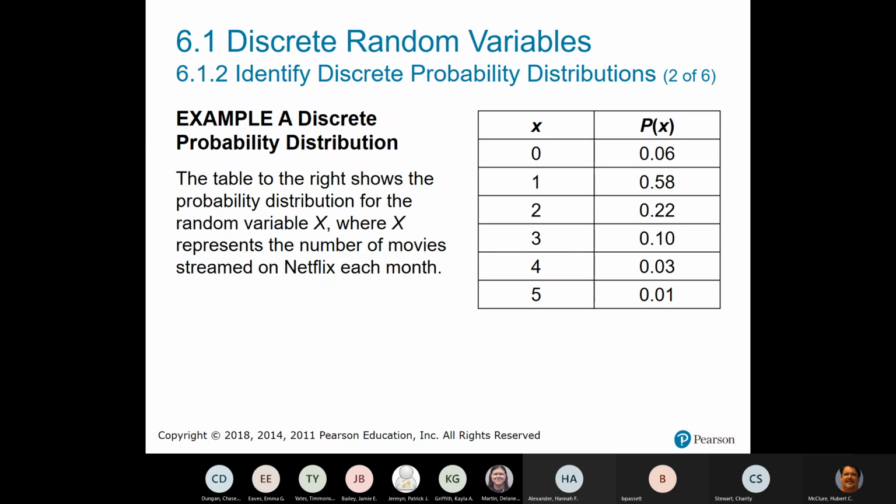Now, there are 2 tests that you need to check before you start a probability distribution. 2 tests, and these are the tests to make sure that they haven't given you a junky problem or a problem that can't be done. The first thing you do is you add up all the probabilities.